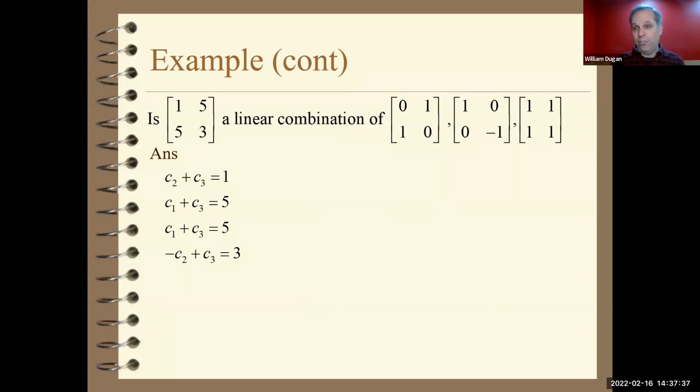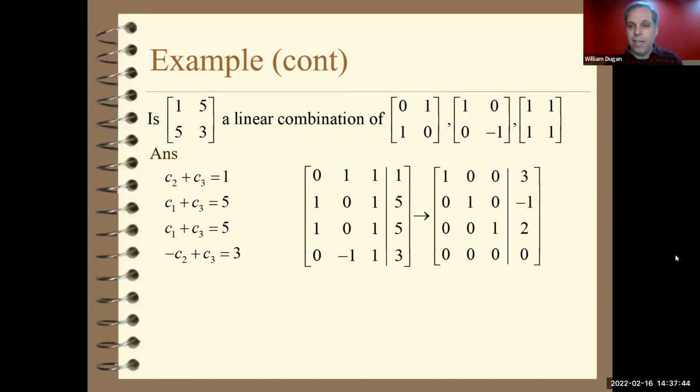We now have a linear system. We know how to handle those. We just take that linear system, put it in as an augmented matrix, and row reduce it. I did it all at once for you there. I actually gave you the row reduced echelon form of the matrix. From that row reduced echelon form, you can pick off instantly what C1, C2, and C3 have to equal. And actually, there is only one answer. That's great. All we need to know is: is there an answer? If there's more than one answer, great.